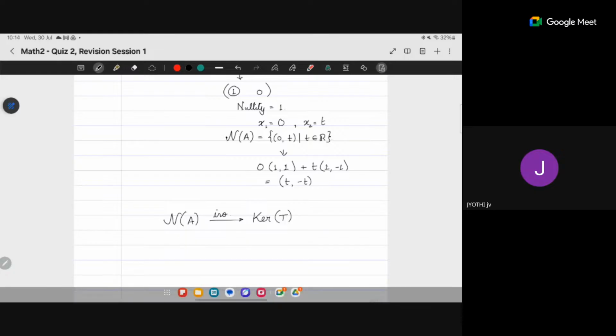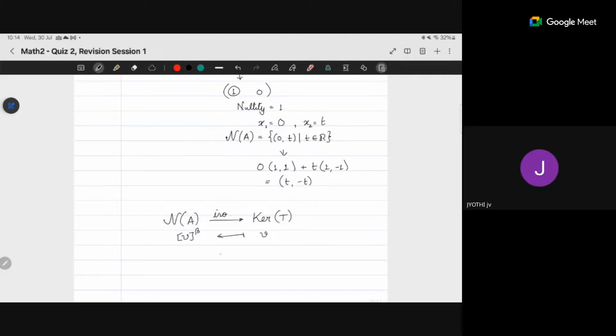If you want to go from here, you write every vector as its coordinate vector. Or if you want to convert from the coordinates to the kernel, you just substitute back using the basis. So the basis of the null space corresponds to the basis of the kernel. The kernel is a subspace, right? Okay, so the null space is the coefficient vectors and the kernel is the reversed vector. Yes.